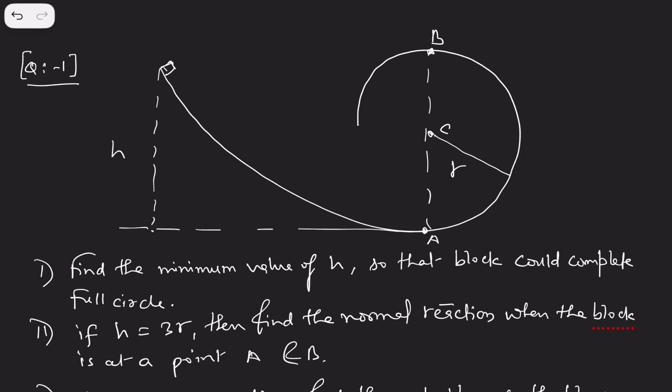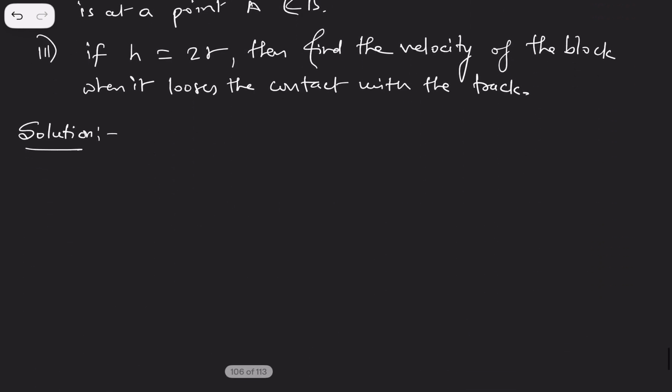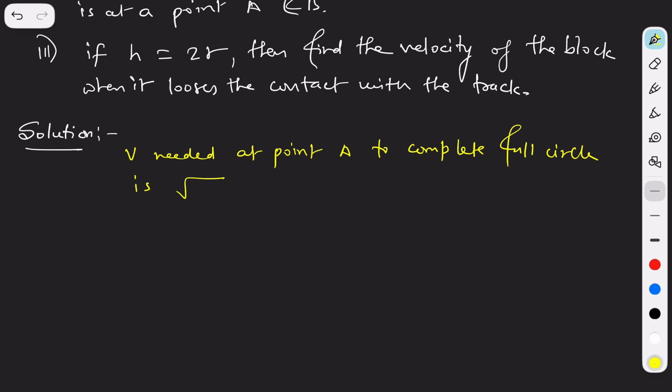So here we know that the velocity needed at point A to complete full circle is root 5gr. Okay, guys, that we have discussed already.